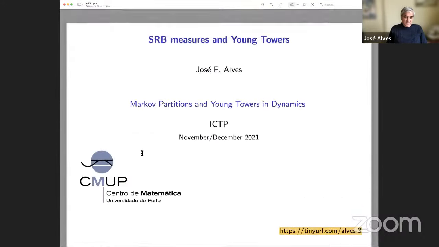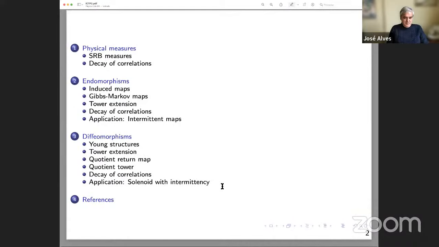So today we are going to see this solenoid with intermittency as an application of the results we are going to see. Today the situation is essentially the same as in this second section, but now for diffeomorphisms, for maps with contracting directions.